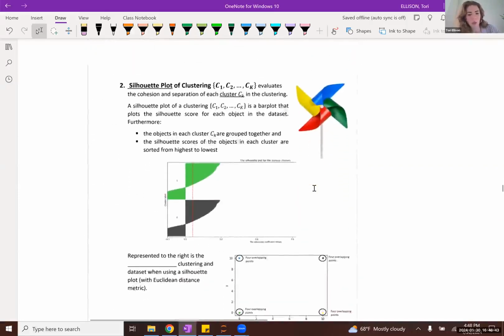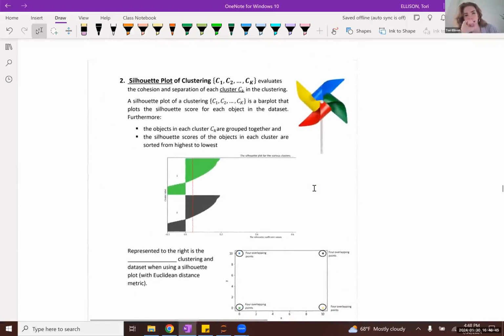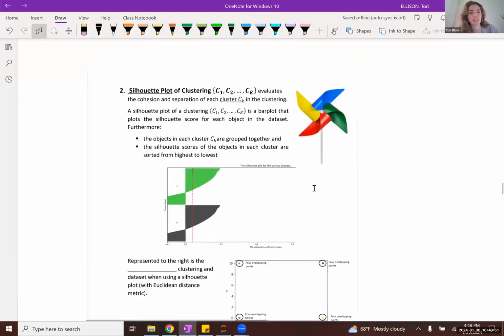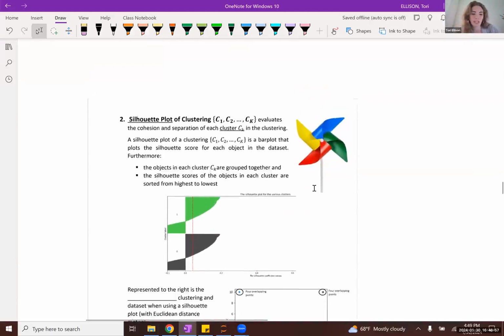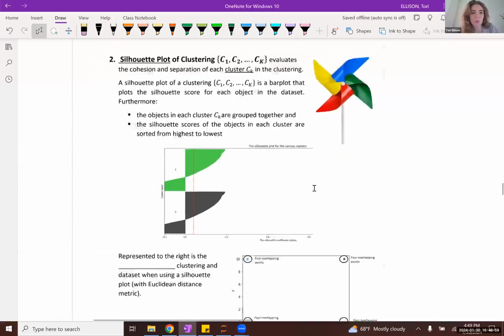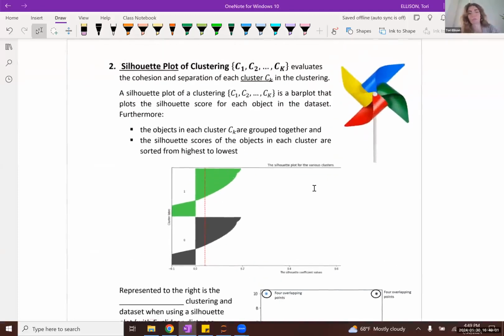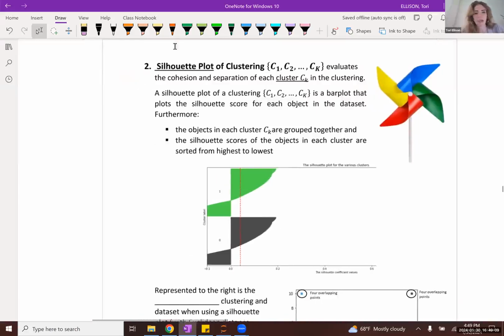And then I'll just quickly get to how we might use the silhouette score of a given observation to measure the cohesion and separation of a cluster. So a useful plot that we end up using, once we have calculated the silhouette score for every observation in the data set, is what we call a silhouette plot.